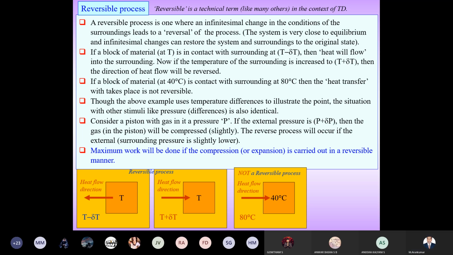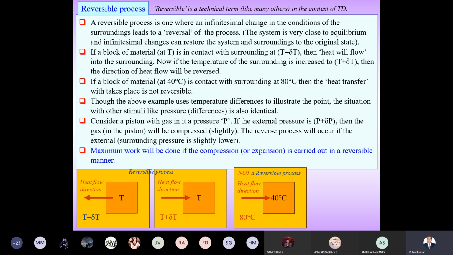Reversible in the sense of going back, the reverse. In a reversible process, the process gets reversed. It may follow a different path. The path may be the same path as the forward motion, or it can be a different path from the previous process.